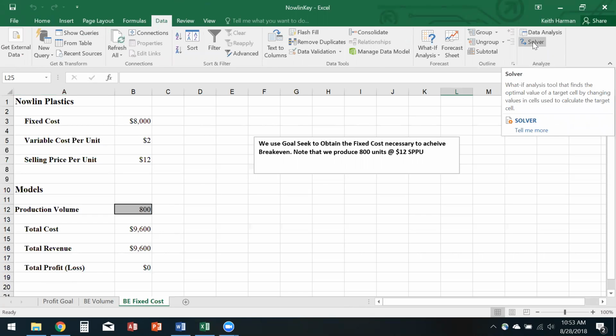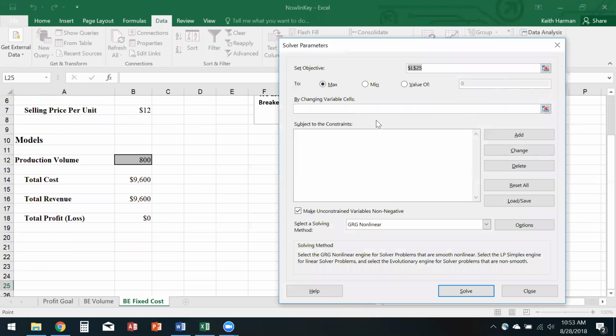I'm going to click on solver. What this does is it provides us a nice menu where we put in the objective function, that is the answer. We indicate one of the three: we're trying to maximize something, minimize it, or we have a target value.